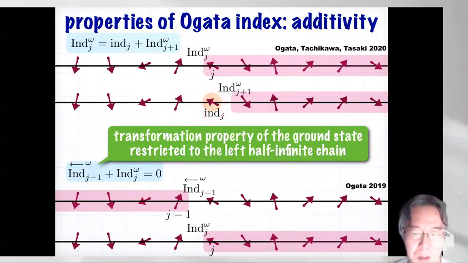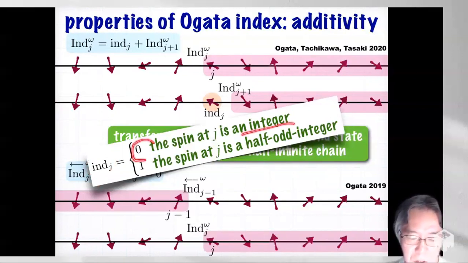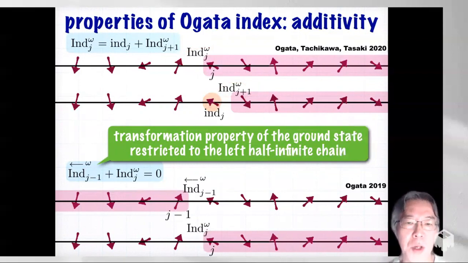Please keep in mind that this lowercase IND is something very simple. For example, in the case of Z2 cross Z2 invariant spin chains, this lowercase IND is something you already know. If your local spin is an integer, then it's 0. If it is a half-odd integer, it's 1. But anyway, all of them describe the transformation property of some quantum mechanical object.